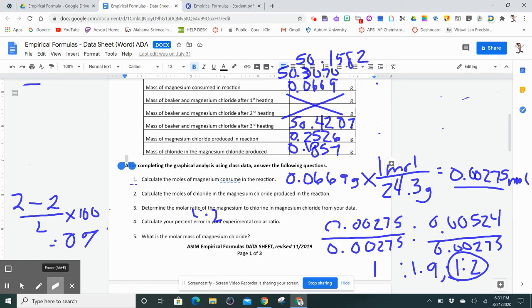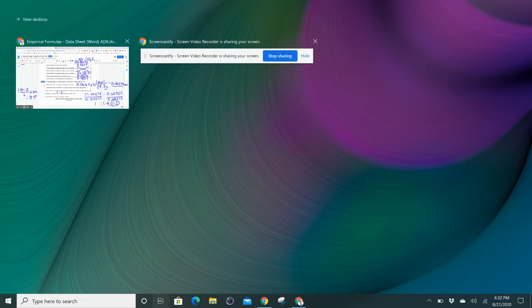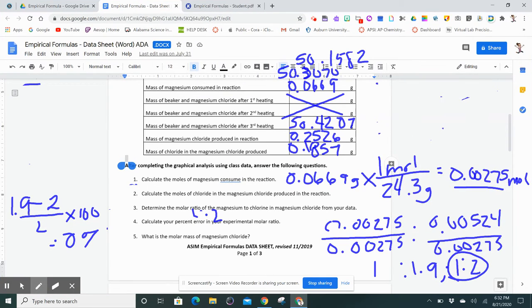Back up. Our measured value is 1.9. So 1.9 minus 2 divided by 2 times 100 is 5%. And it's the absolute value of that, so we can just disregard that negative sign there. So that's going to be 5%, which is a really good percent error.